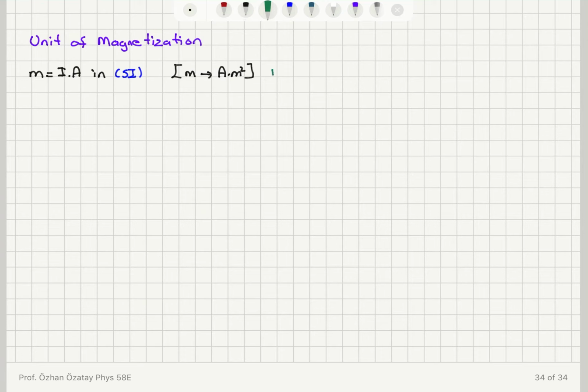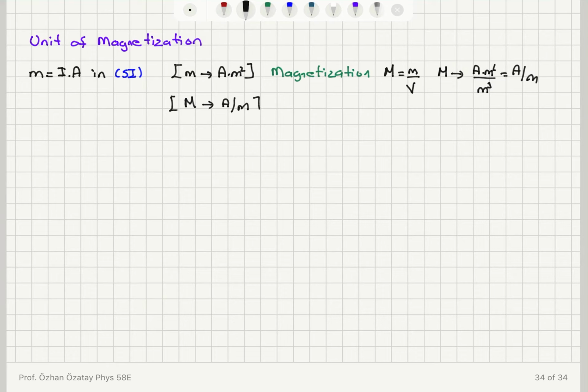Now there is something called magnetization. Magnetization is the magnetic moment per volume, defined as capital M is magnetic moment per volume V. So it has a unit of ampere meter squared divided by meter cubed, which is ampere per meter. So the SI unit of magnetization is ampere per meter.